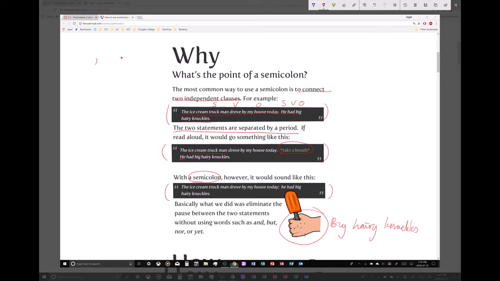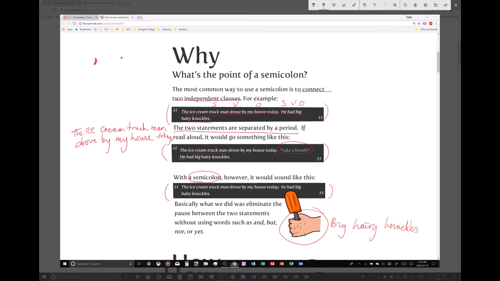Now notice something. Instead of using a comma, which would read like this, the ice cream truck man drove by my house today, he had big hairy knuckles. If you use a comma, that is going to be a comma splice, which is not correct.